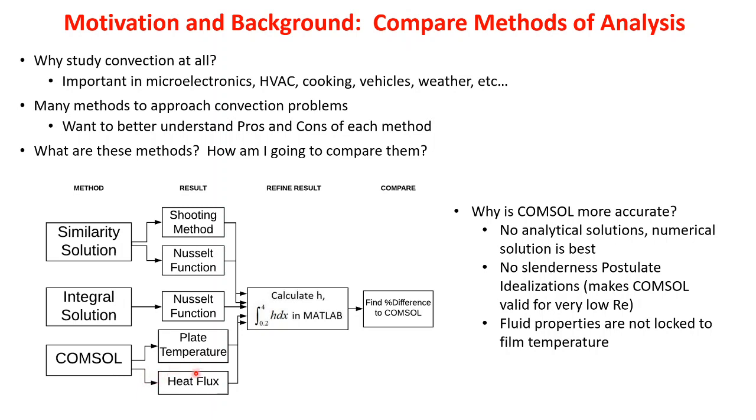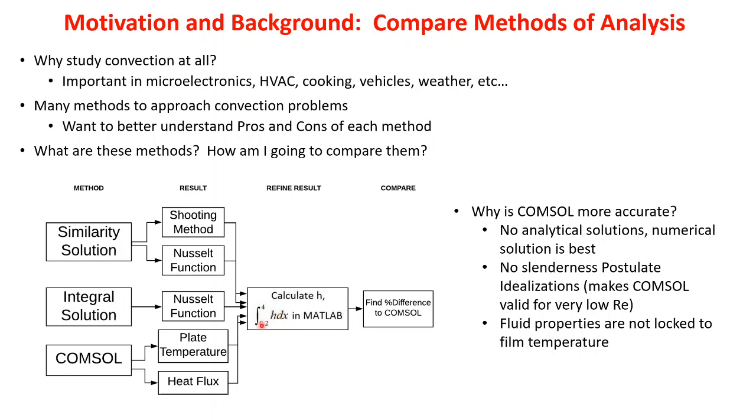Taking all of the results, I refined them to find the local heat transfer coefficient h, and then I computed the integral of h over the length of the plate from 0.2 to 4 meters to make a scoring for the particular method I'm looking at, so I can evaluate the profile as a whole, not just one point.